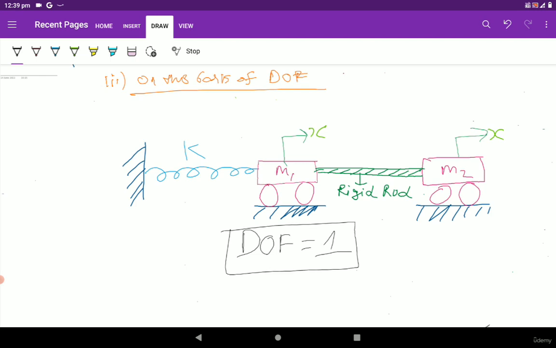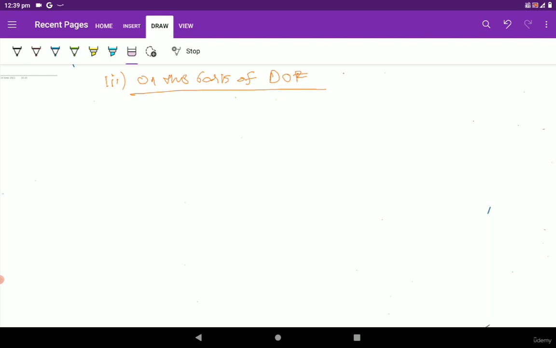Now see one more last example, of the pulley system. Just consider a pulley here.